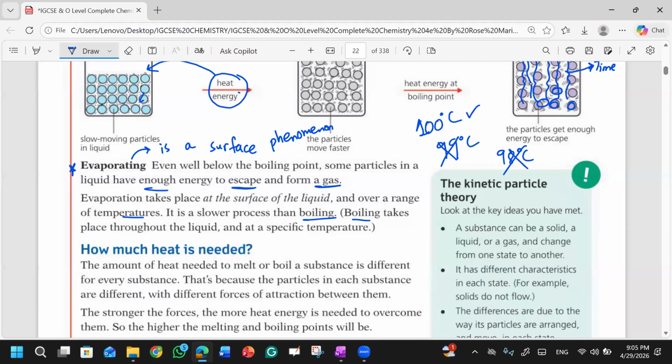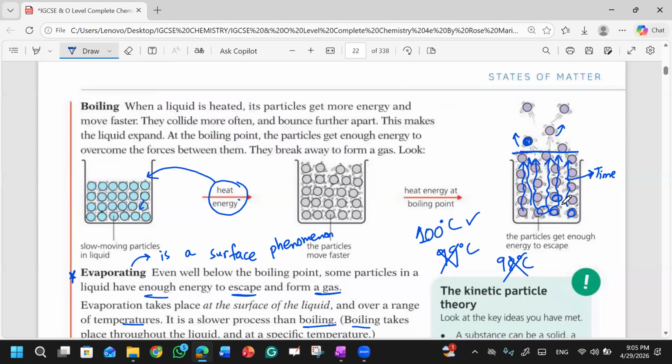But evaporation can happen at any temperature. Even if you are heating water at 60 degrees, it will not boil, but some particles may evaporate. Some particles may escape. Why can they escape? Because evaporation does not need a specific temperature. Evaporation can happen at any temperature. Clear?